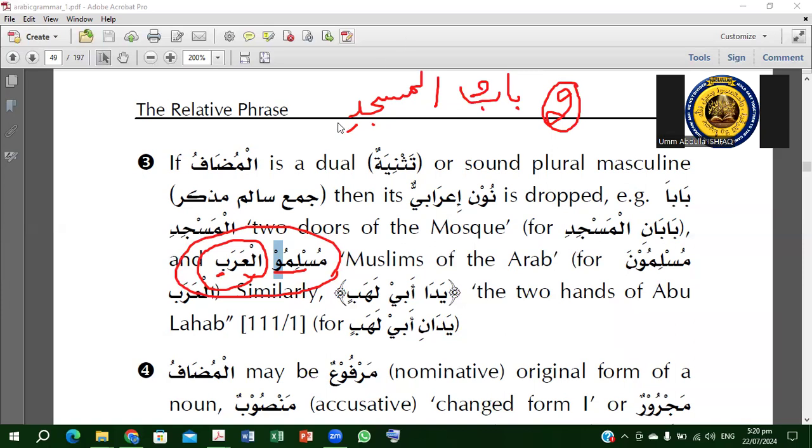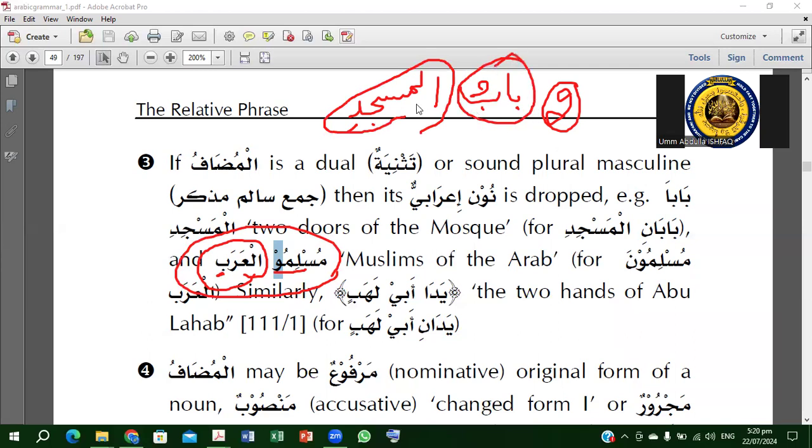So you can remember two cases. If you see any noun in halat jar, look at before it. If it is a harf jar, and you know the harf jar: min, ala, ila, fi, hatta, etc. So either there will be a harf jar, or if there is no harf jar, then definitely it is mudaf ilayhi, and the noun before it is mudaf.